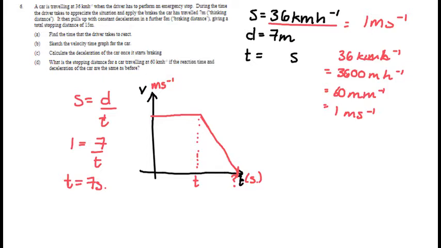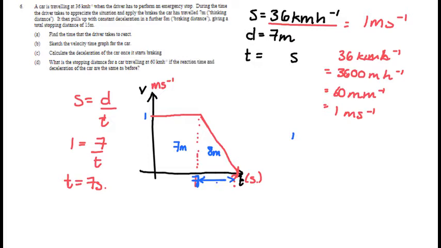Well, it's quite useful to know that the area under a velocity time graph is the distance travelled. So this little rectangle here, and we know that this one here is 7, is the 7 meters I travelled previously. So I could work out what the time is, knowing that the distance I travel as I'm braking is 8 meters. So I've got a little triangle here, and I've got a base, which will be from 0.7 to whatever my final time is.